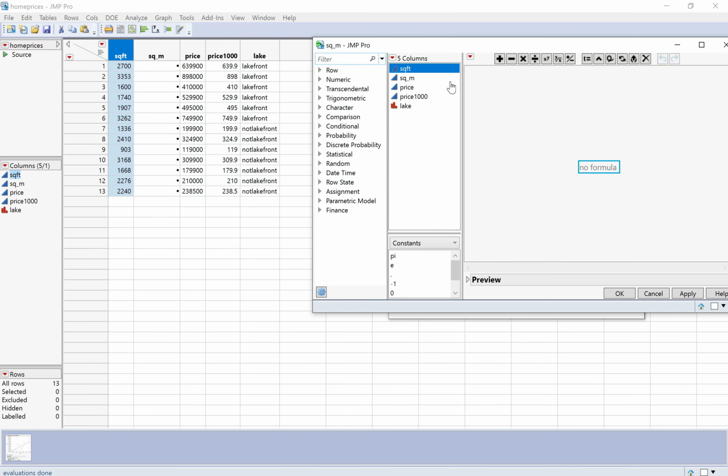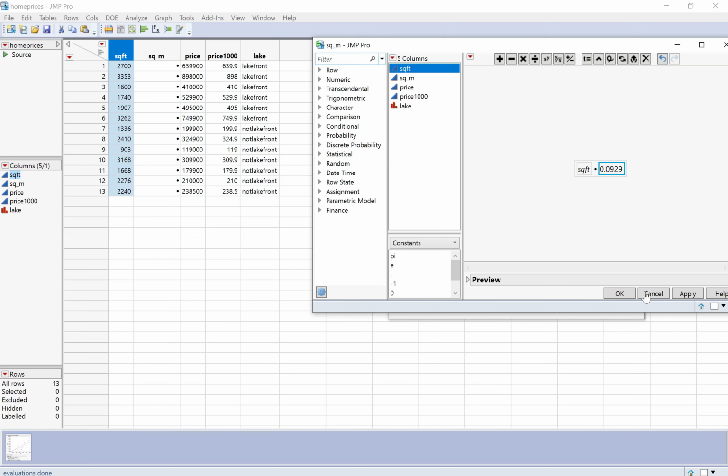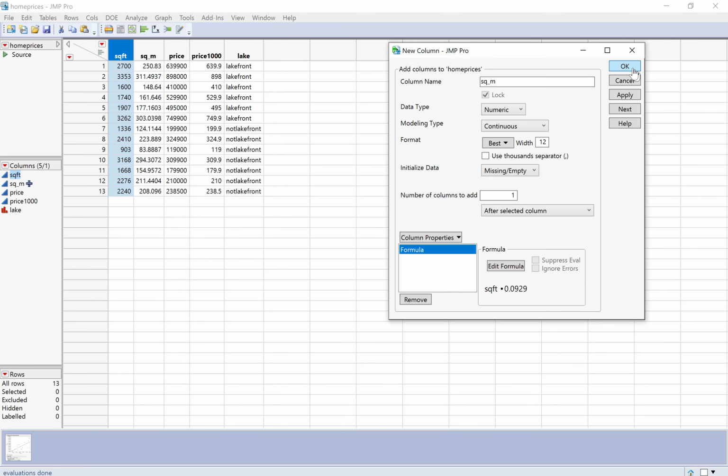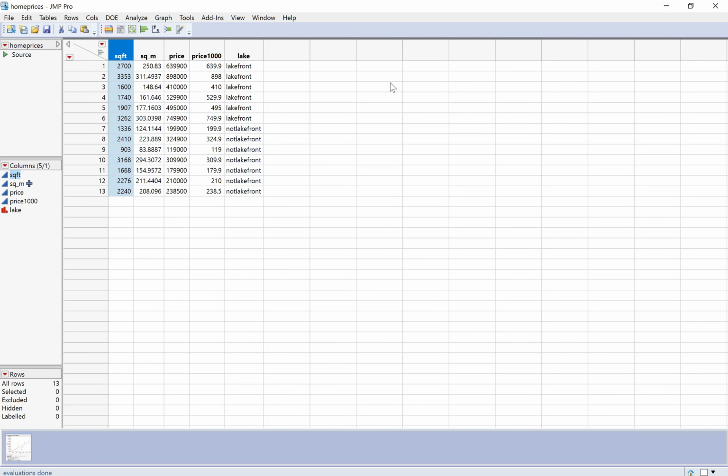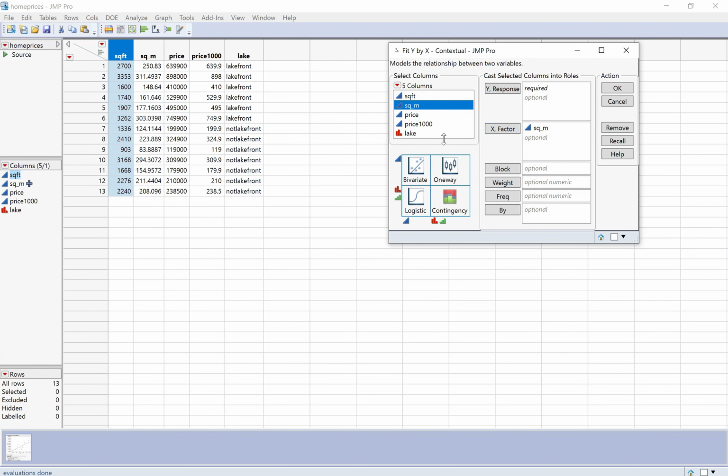The formula for the size in square meters is going to be the size in square feet times the conversion factor, 0.0929. Then I'll click OK, and OK again. And now I have a new column. I've got the square meters, and I can do analyze fit y by x with that explanatory variable, just like I did before.